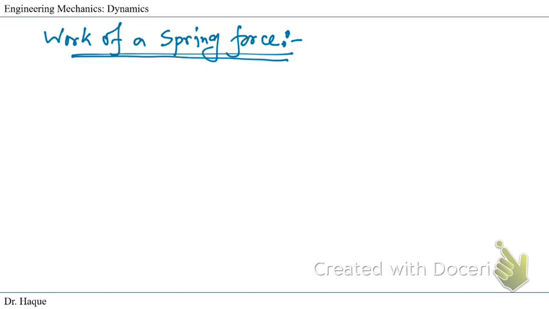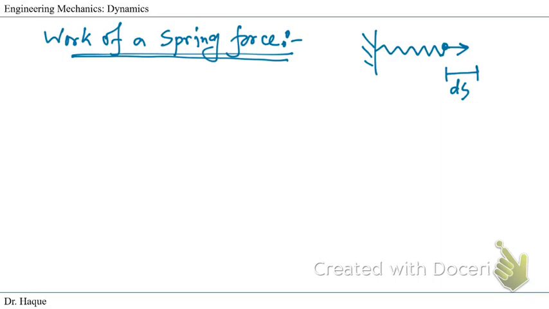So let's draw a spring attached to a wall. There's a particle, and we're pulling the spring to extend, for example, an amount ds.